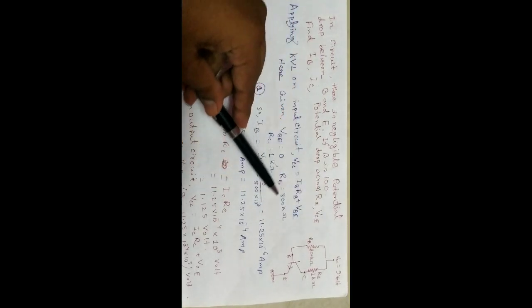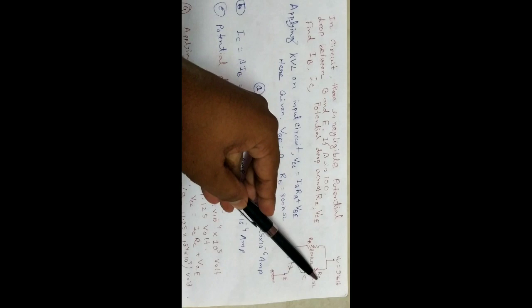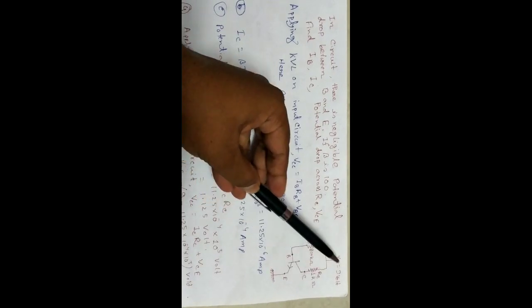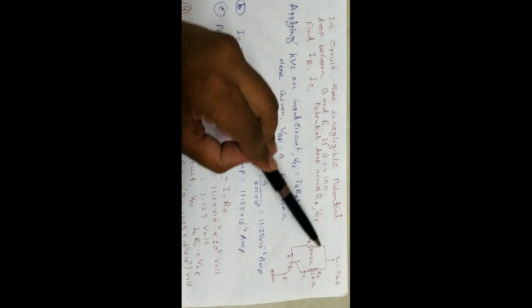So we take base to emitter VBE equal to 0, and given RB is equal to 800 kilo ohm, RC equal to 1 kilo ohm, VCC equal to 9 volt. So we find out the value of IB, IC, the potential drop across RC, and VCE. We apply KVL on the input circuit.